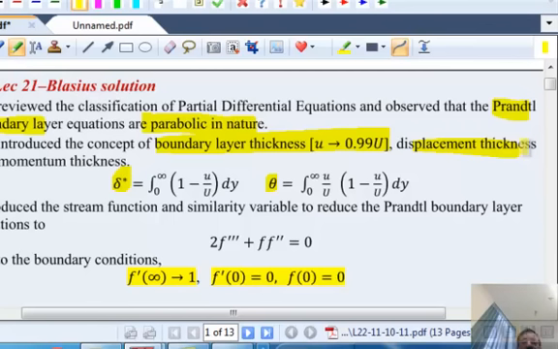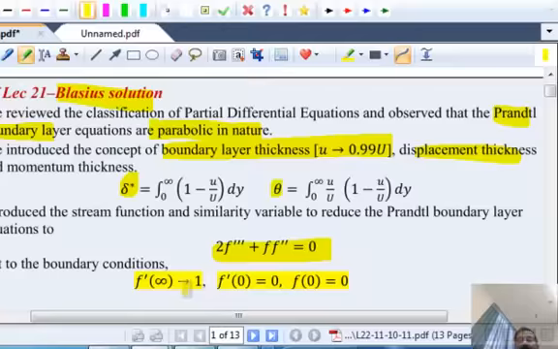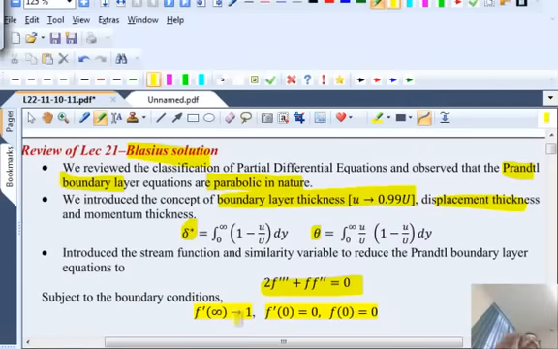But the differential method, the Prandtl boundary layer equation, was solved by Blasius. And in the last lecture, we saw that by introducing a similarity transformation, we can convert the Prandtl boundary layer equation into an ordinary differential equation, a third order nonlinear ordinary differential equation, subject to the three boundary conditions, which come from the fact that the plate is no slip and there is impenetrability, and as you go far away, it approaches the free stream velocity, okay, which comes from here.